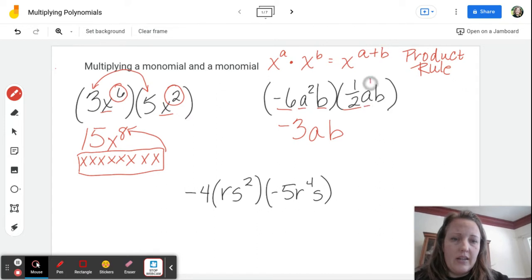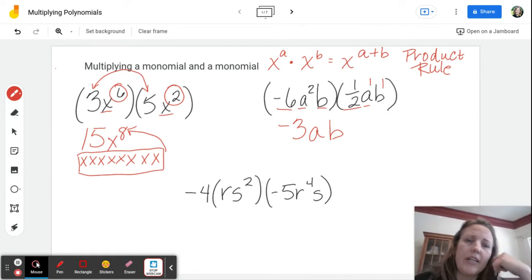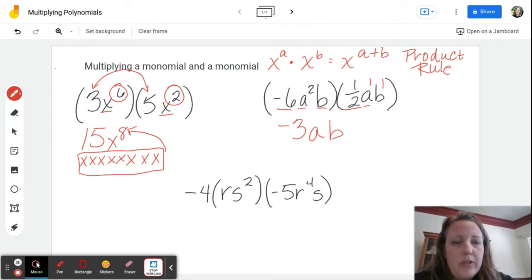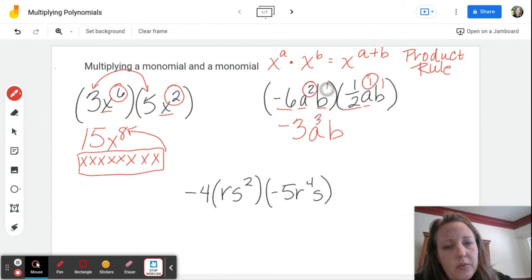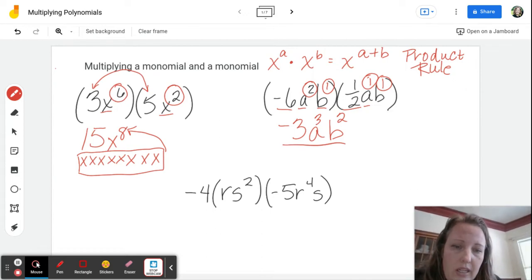This a has an exponent of 2, and the b has an exponent of 1, and an exponent of 1 here, okay? So we just add: 2 plus 1 is 3, and 1 plus 1 is 2. So my answer is negative 3a to the third b squared.